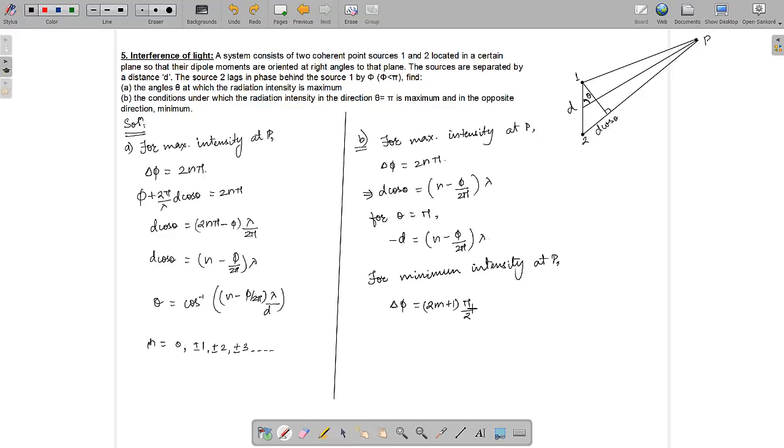Right, this is some other quantity. That is, 2n plus 1 into pi by 2, or we can also call this 2n plus 1 into pi. Alright, so delta phi is that.